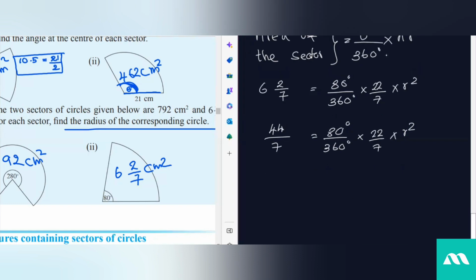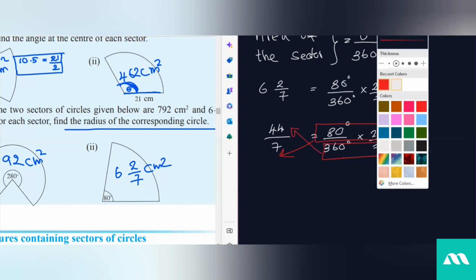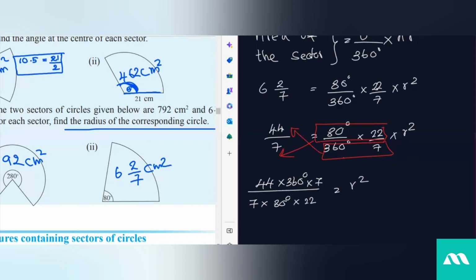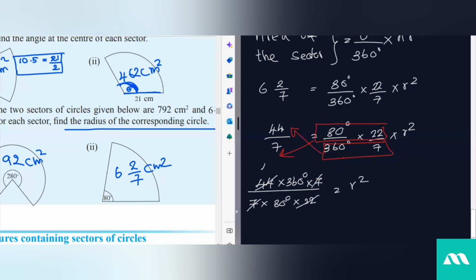Then as before, you have to take all numerator values to the denominator and all denominator values to the numerator. Then it is 44 times 360 into 7 upon 7 into 80 times 22 equals r square. 7 and 7 cancel. 44 and 22 cancel, it is 2.